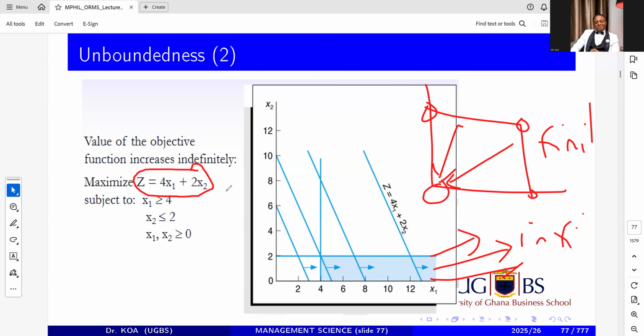But if you look at this, I have a z function, another z function, another z function. They keep moving, but they are not touching any vertex as they keep going. There is no corner point they are touching, because the whole thing is not closed. The feasible solution area is not closed. This is a typical example of unboundedness. Now watch this carefully. So what then is the difference between unboundedness and feasible solution area?